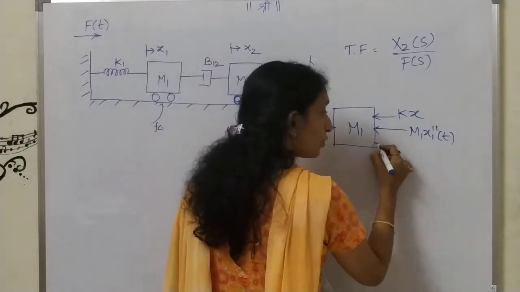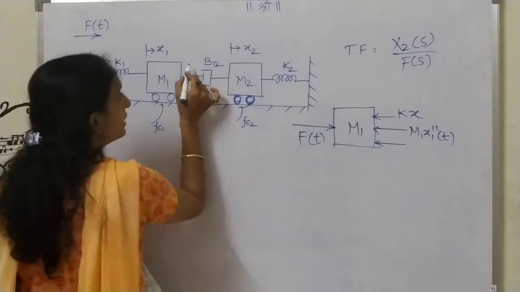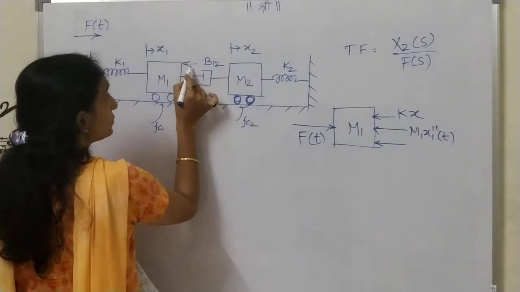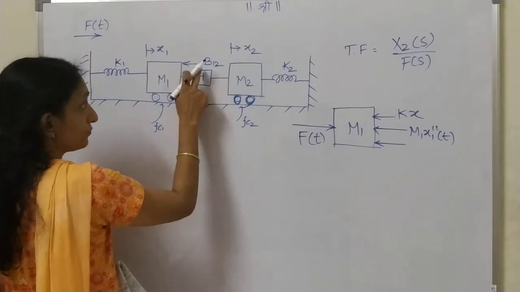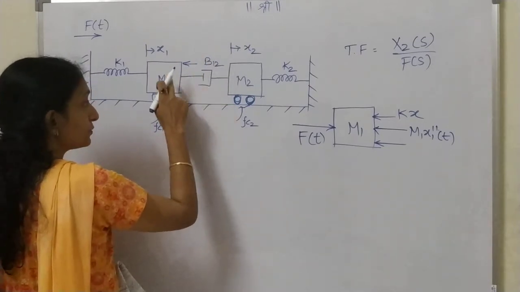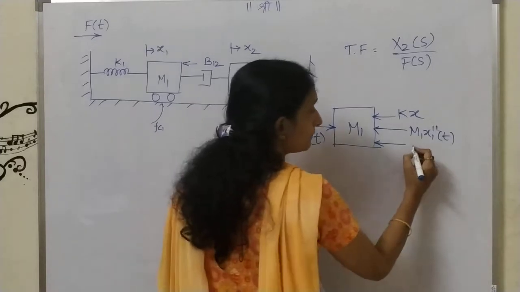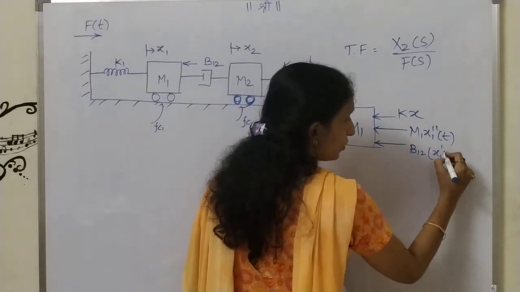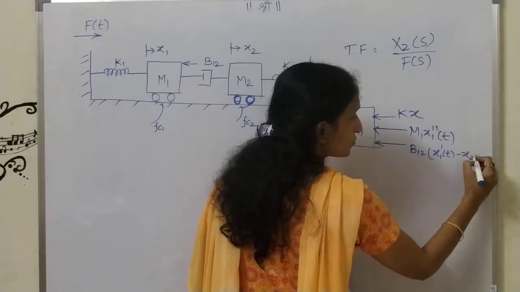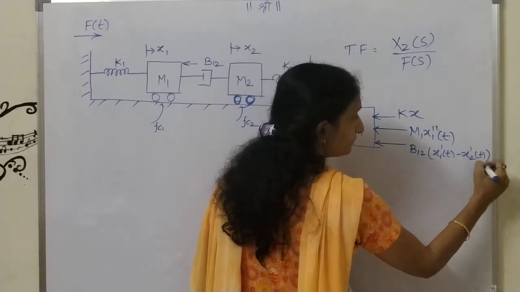This damper is a common element, but initially it will try to oppose the applied force. So this is the direction of the force because of B12 on m1. I will show it as B12 times x1 dash of t minus x2 dash of t.